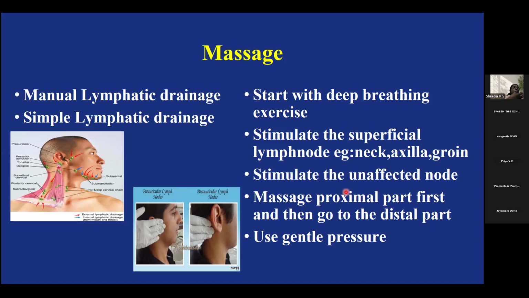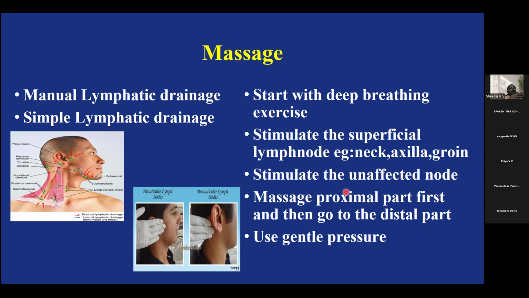After making the pathway, you can massage the fluid from the edematous area to the non-edematous area, and then stimulate the unaffected node and massage the proximal area first, and then go to the distal part.